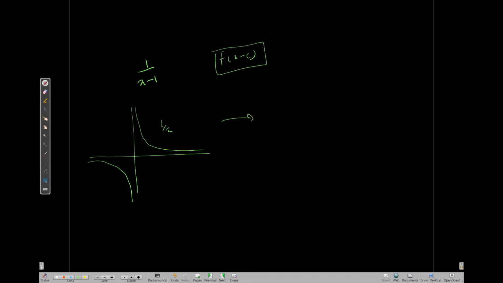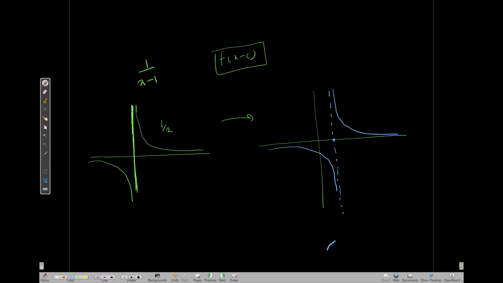This will go 1 unit to the right, right? So now see this axis, the y-axis, that is where it was limited to. Now the new point would be point 1, and your whole graph will shift 1 unit to the right. So this is what your new graph looks like.